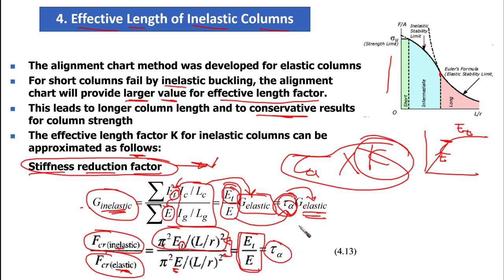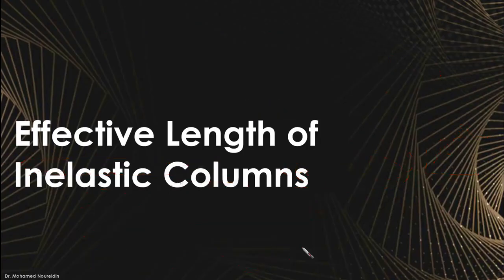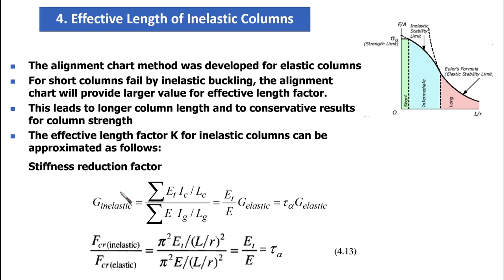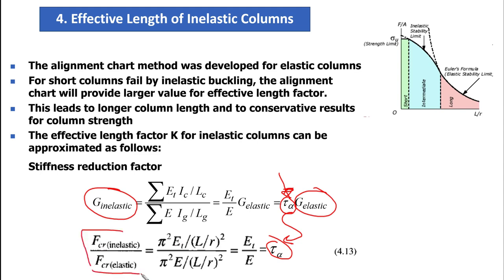So this means that tau alpha, let's erase everything here and go back. So G inelastic equals tau alpha times G elastic. So now we want to know how to get this tau alpha. According to what we have derived here, it is going to be the ratio between the critical buckling strength in the inelastic range over the critical buckling strength in the elastic range.